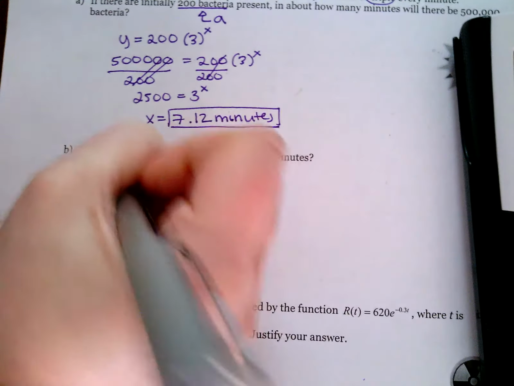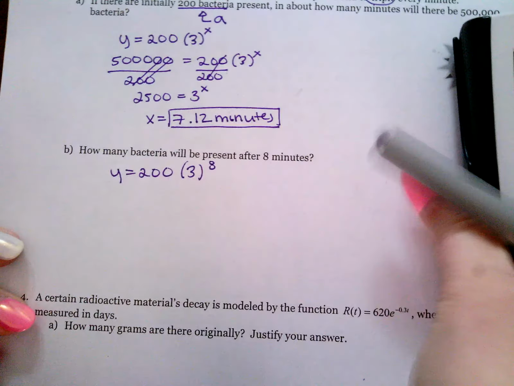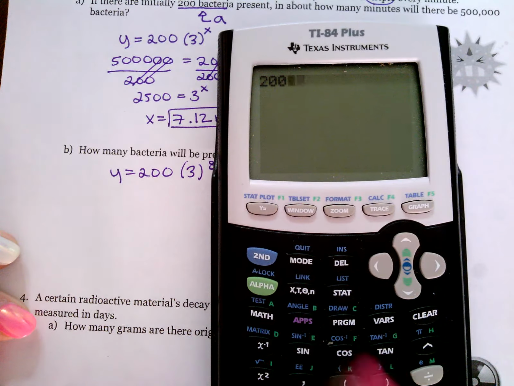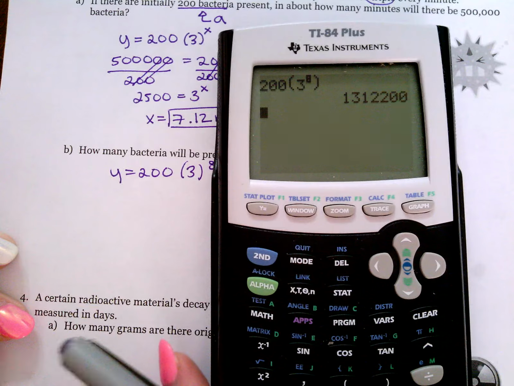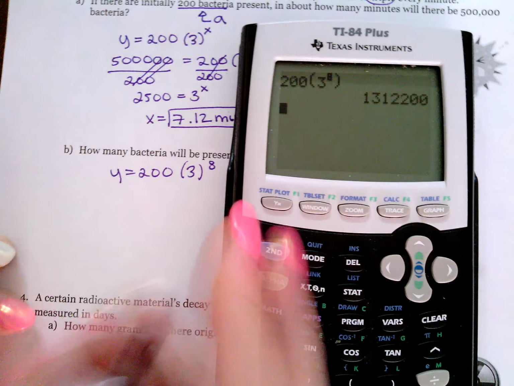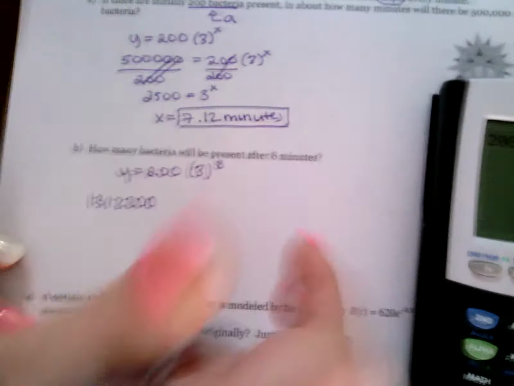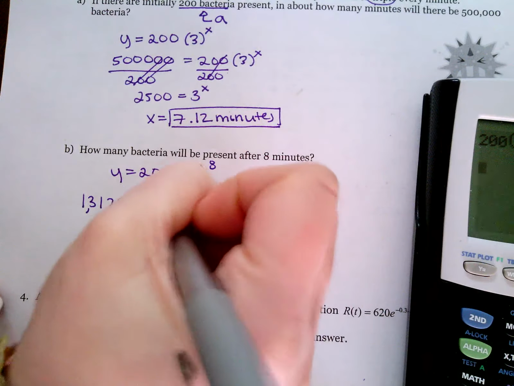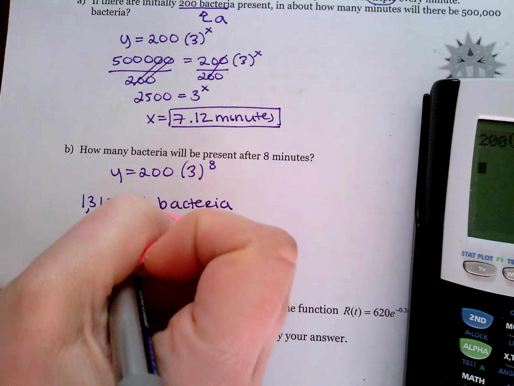And I get 1,312,200 bacteria. It's got to be more than the 500,000, right? It's longer, and since we're growing times 3, that's what's going to happen.